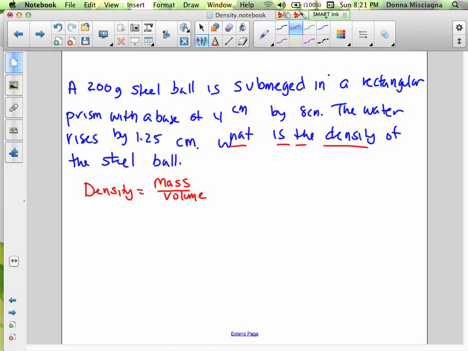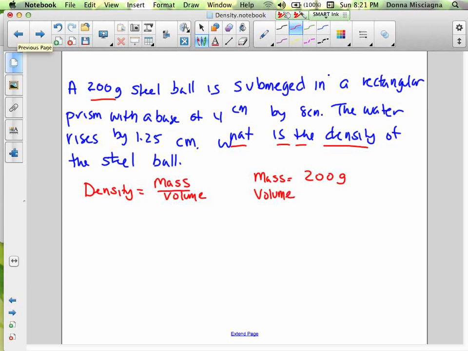All right, so we define mass and volume. Mass is just the weight. It's a 200-gram steel ball, so 200 grams is the mass of the ball. The volume. Now this one is a little tricky.